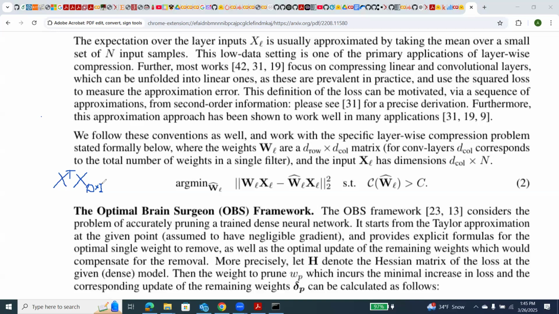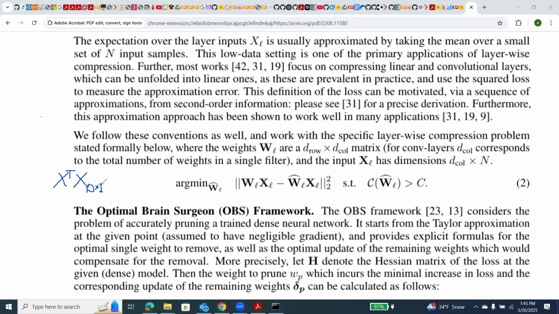So the algorithm is as follows. You quantize the first column of the matrix and solve this minimization problem, where W hat is the matrix with the first column quantized. Then you quantize the second column, and you don't touch the first one anymore. And again, solve this problem.